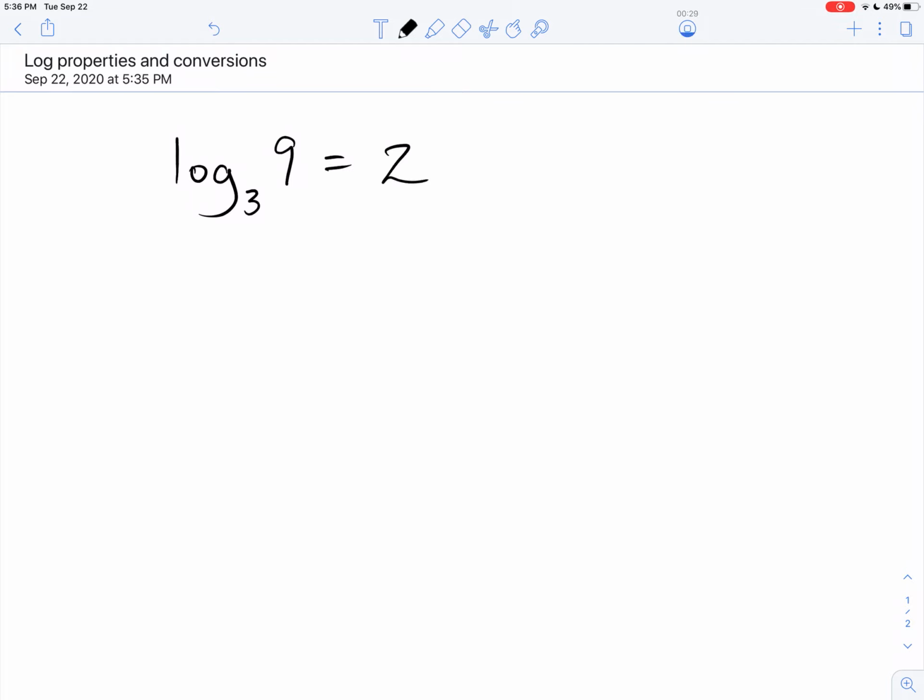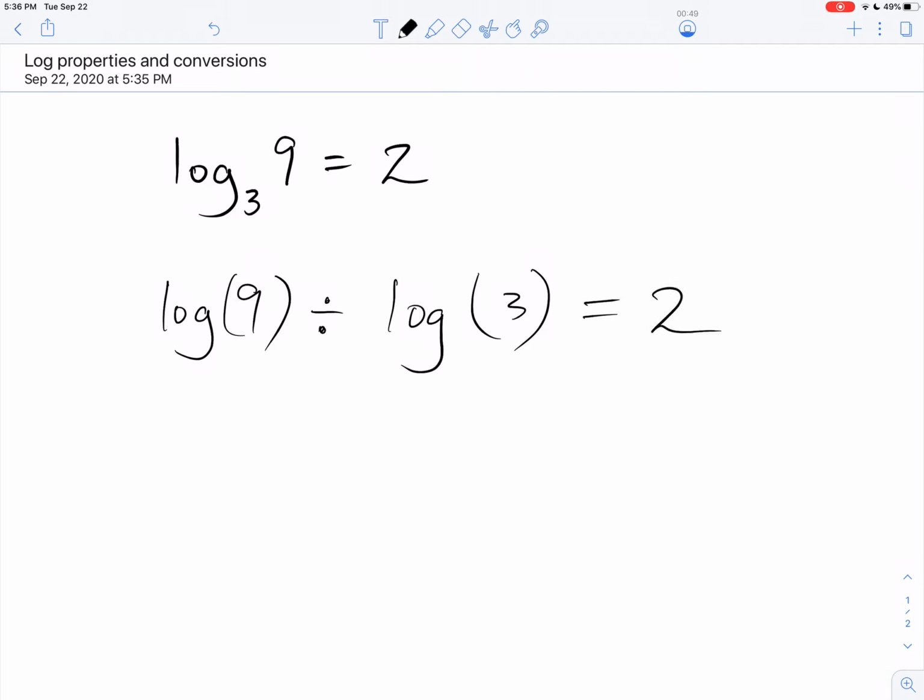I could punch this in on my calculator if I want. I could say log of 9, and my calculator is going to put up the parentheses, divided by log of 3 if I want to trick my calculator into base 3. And it will say 2 when all is punched into the calculator.